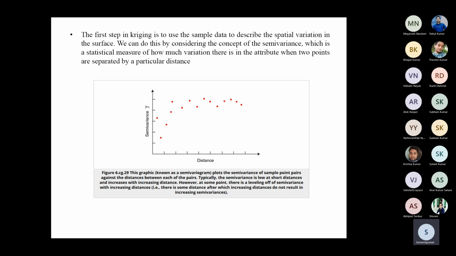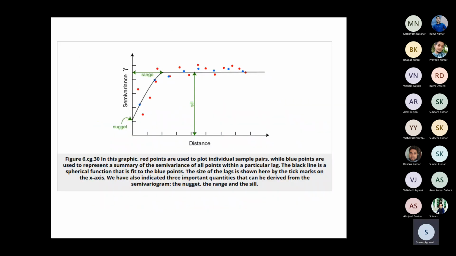In this one, there are three different things: nugget, range, and sill. What is the nugget? If there is any sample point and the distance is 0, ideally there should be no variance in the collected value.